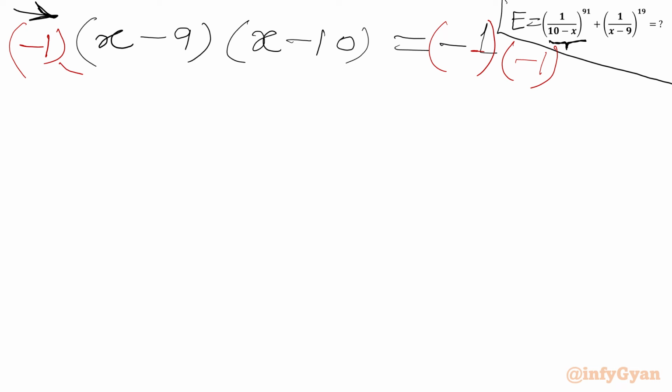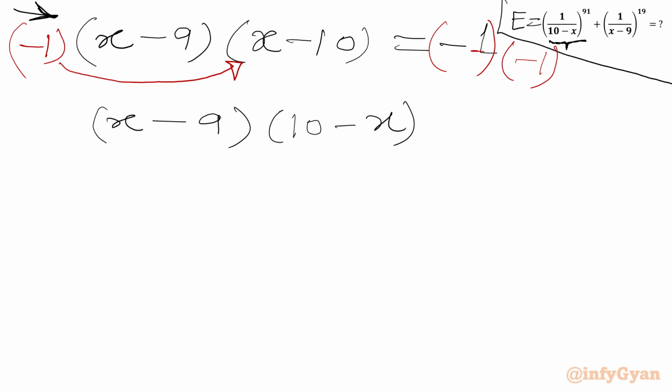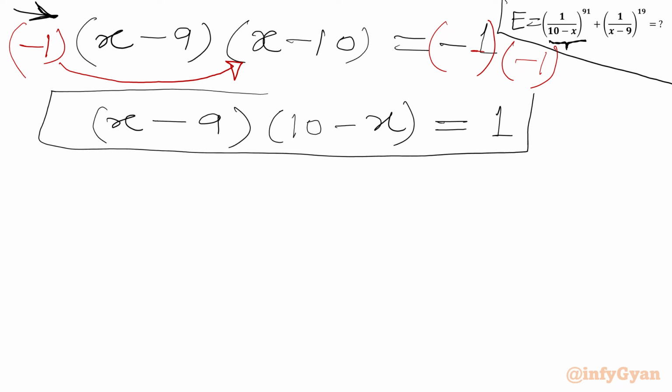Now this minus 1 will be multiplying to this bracket only. Let's multiply. We will get (x − 9) times (−1)(x − 10), which will be (10 − x). Minus 1 times minus 1 is 1. This is the most important equation in our problem solving.